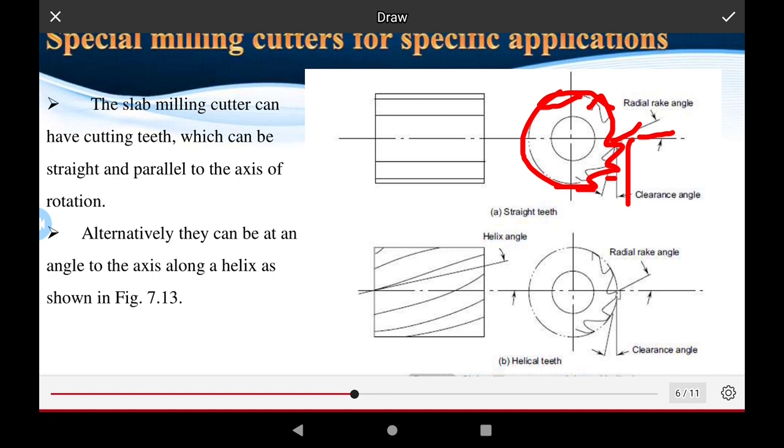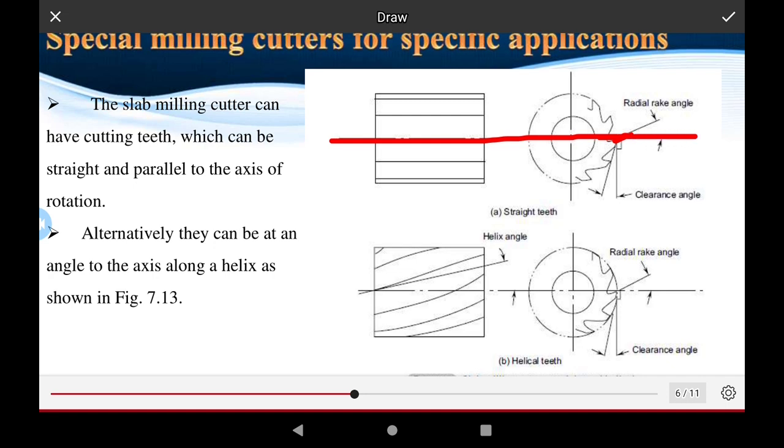Okay, and the rake angle, the straight teeth, this is used for the straight teeth. Okay, this is the angle, this is the straight line of the work, this is the shank and the workpiece being performed on.